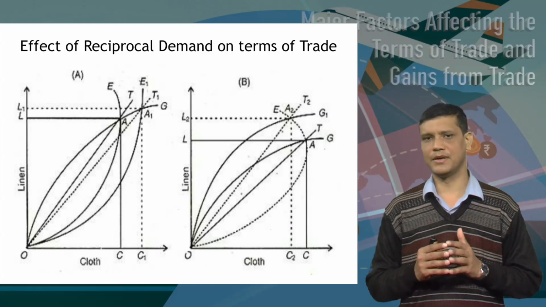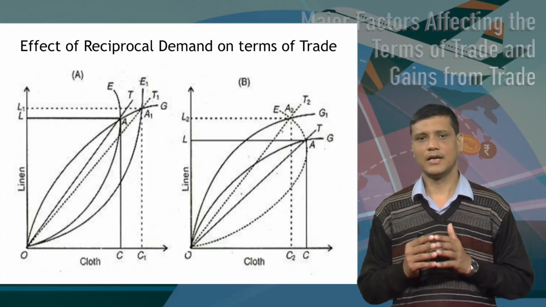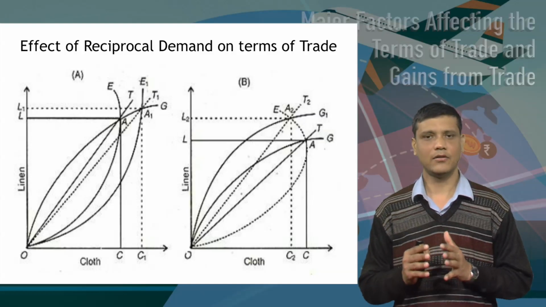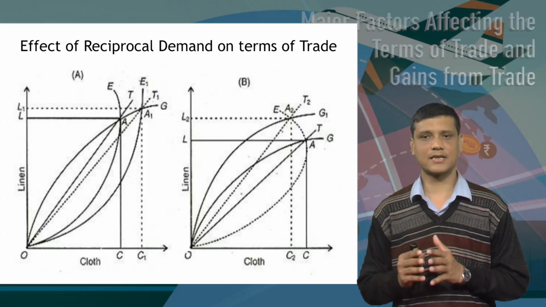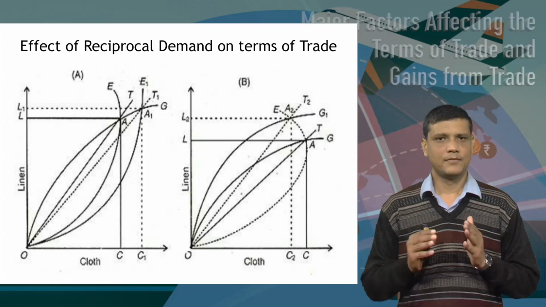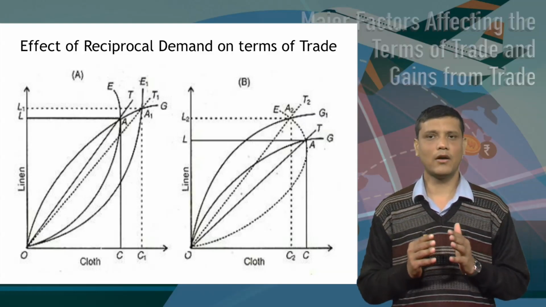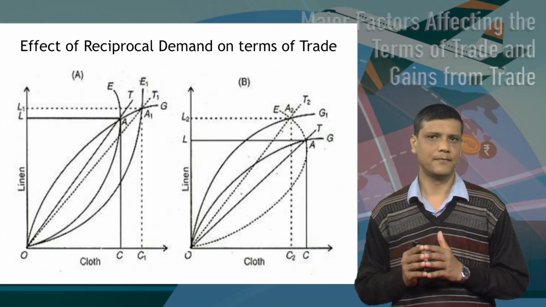The initial equilibrium terms of trade are represented by OT with OE and OZ curves intersecting at point A. England trades OC of cloth with OL of linen of Germany.